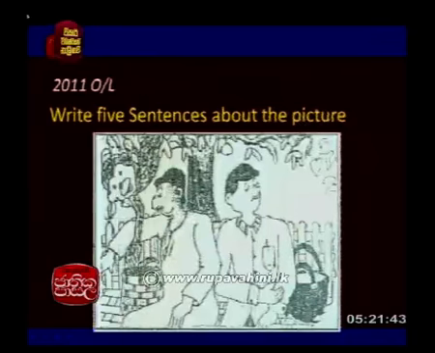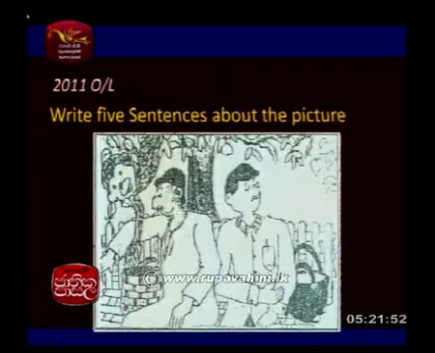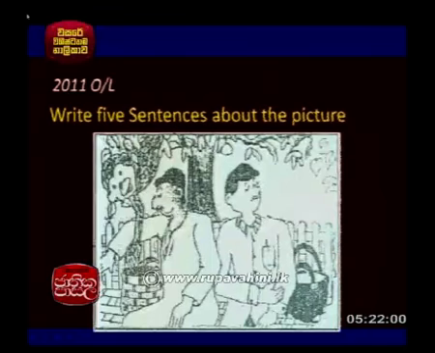So what is it? It is very simple. Yes, Tiranya, can you read what is given on the top of the picture? Write 5 sentences about the picture. Yes. There's nothing else given. What do you have to do? The picture is given and you have to write 5 sentences about this particular picture.